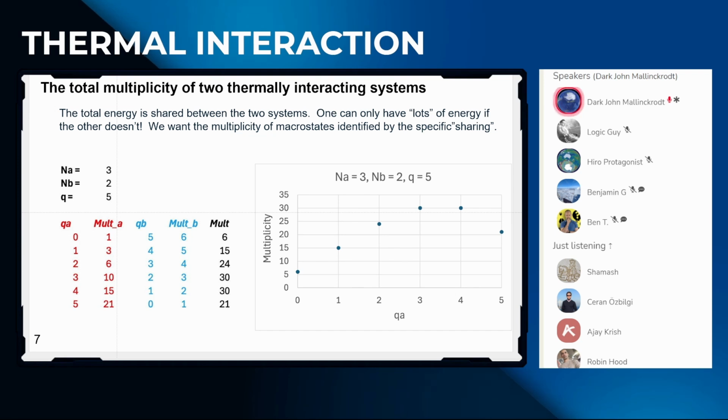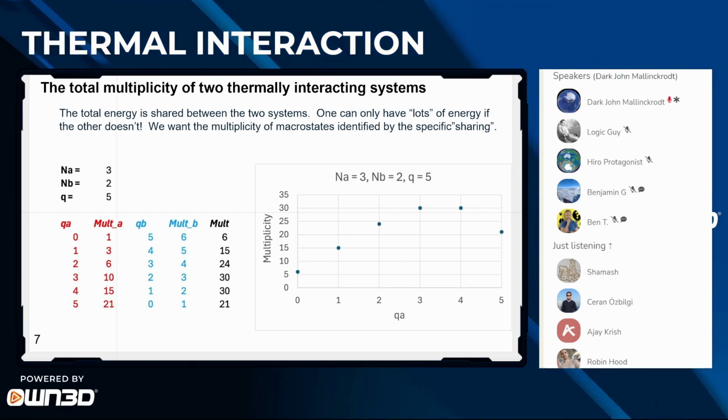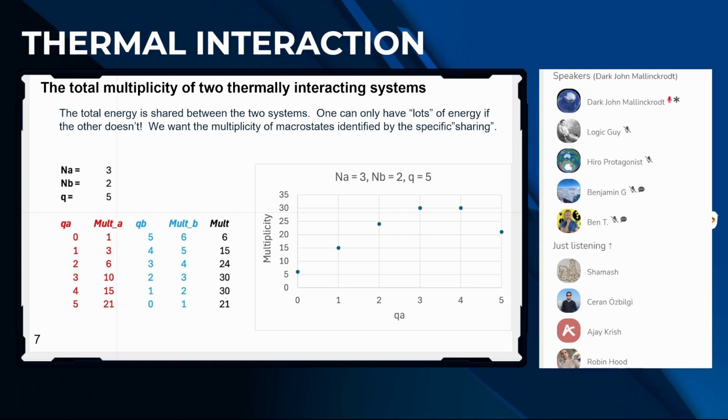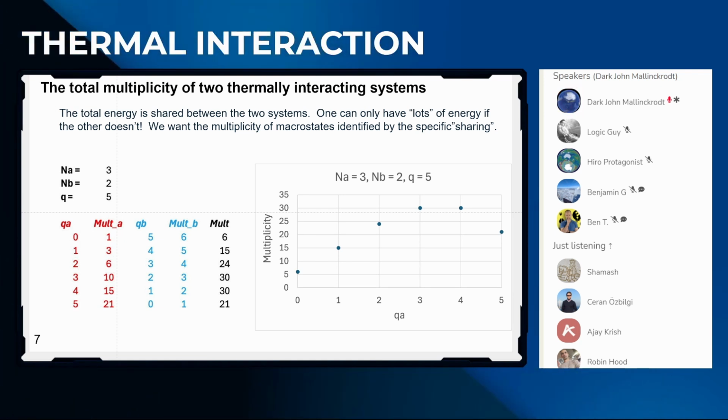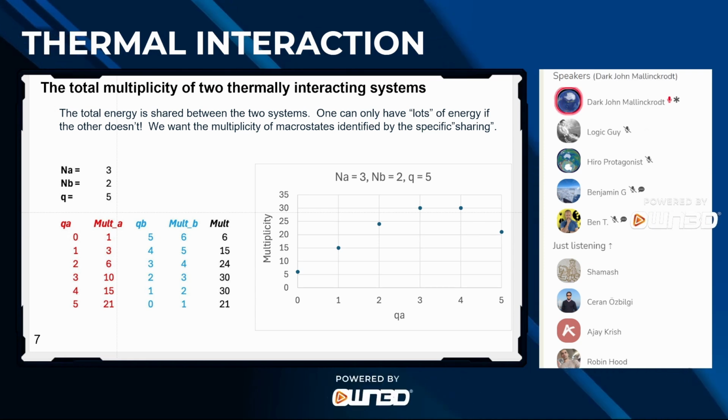If I store 1 unit in A, then I have to store 4 units in B. And if I store 1 unit in A, the multiplicity of A is 3. And if I store 4 units in B, its multiplicity is 5. So how many ways are there of storing 1 unit in A and 4 units in B?